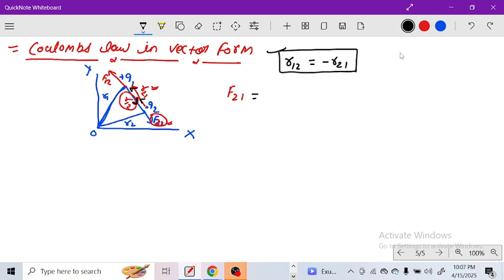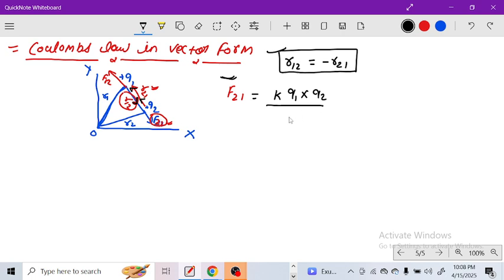Yes, it means k q1 and q2 by r square. What is the distance between q1 and q2? I am finding F21, so the distance will be R12, which is the distance of F21.